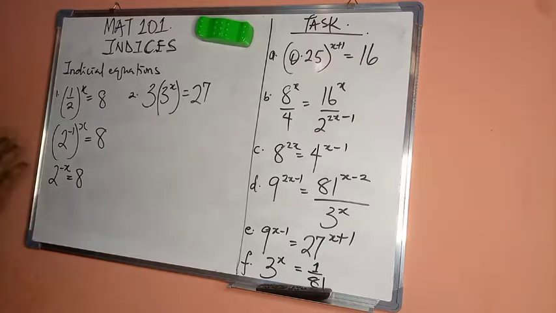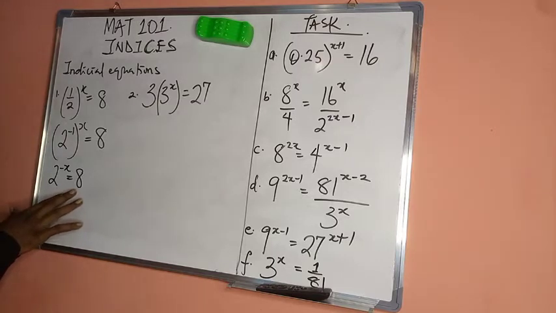Like I said initially, the trick here is to make sure the base on the left hand side and right hand side are equal, or the powers are also equal.